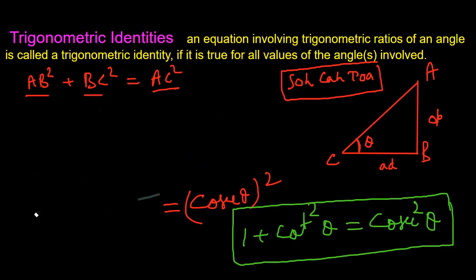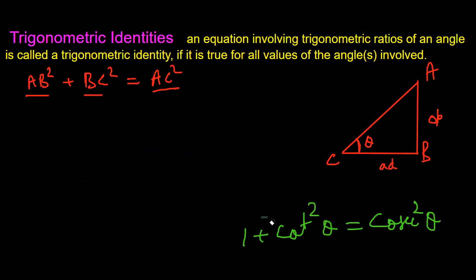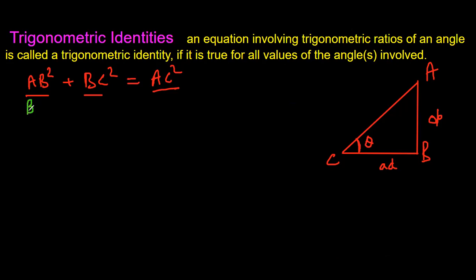Now divide both sides by BC square. What is going to happen? Divide and see for yourself. So you divide both sides by BC square, you get AB square by BC square plus BC square by BC square equals AC by BC square. Perfect. Now BC by BC would be 1, whereas AB by BC, look at this.